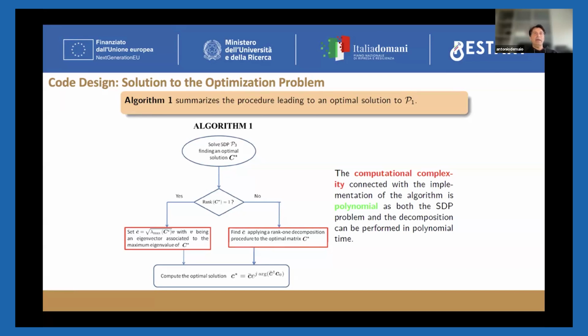And finally, in the last box of the scheme, a phase rotation is performed to comply with the original similarity constraint. What is important to point out is that the overall computational burden connected with the implementation of the algorithm is polynomial, as both the SDP problem and the decomposition can be performed in polynomial time.